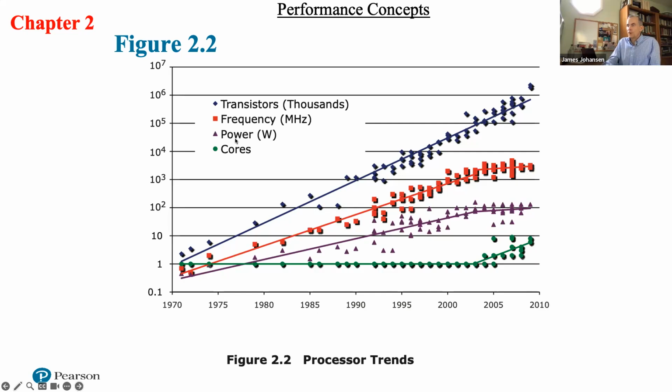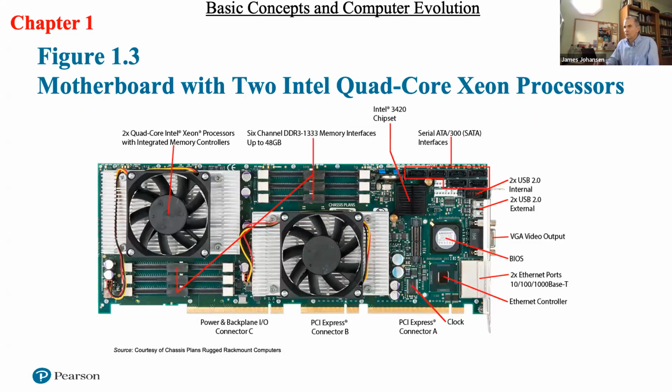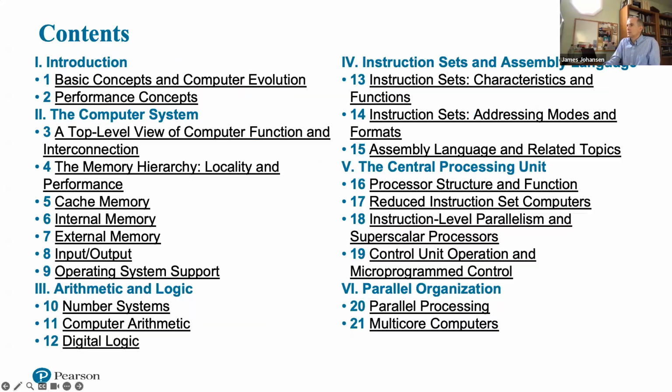For a variety of different reasons, we're getting closer and closer to atomic scales, and having that much power in such a small density makes it pretty difficult to make things work. But one thing we have seen is an uptick in the number of cores, and this has continued to increase. So that's one way to be thinking about where things are going. And I think I just included one chart from chapter 2. So I'll just go back to the table of contents and have us think about that a little bit more.